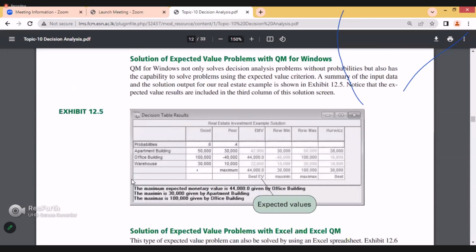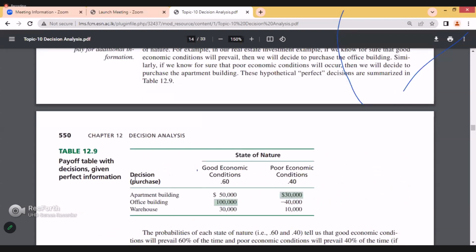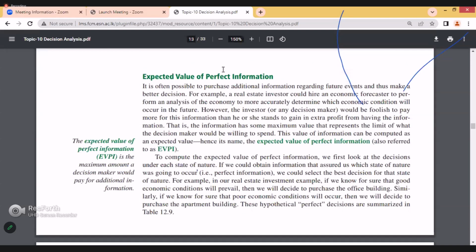Okay. Good. So then, the next one is the perfect information, expected value for perfect information. This is expected value for perfect information. EVPI is the maximum amount a decision maker would pay for additional information.